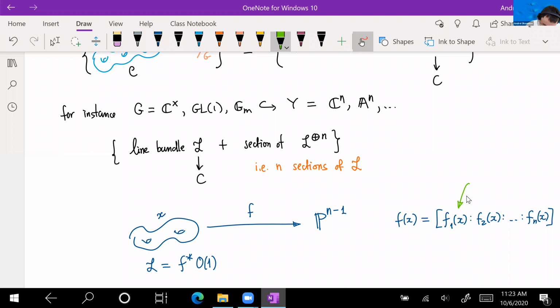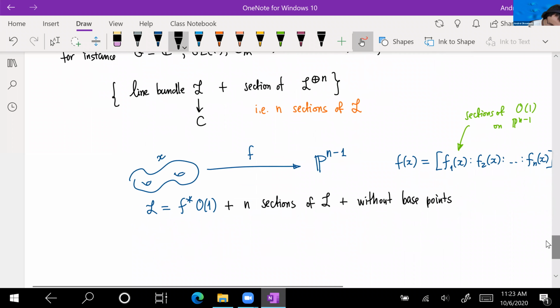And so these are n sections of the pullback of this line bundle, plus n sections of L. And then to actually map to projective space, they must be without what's called base points. A base point is where all of them vanish, where f of x is equal to 0, and where all of them vanish is bad.